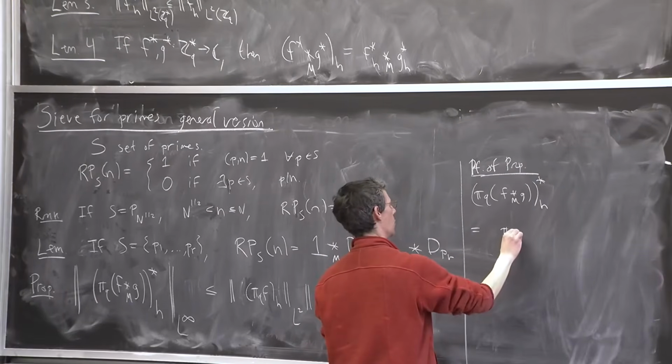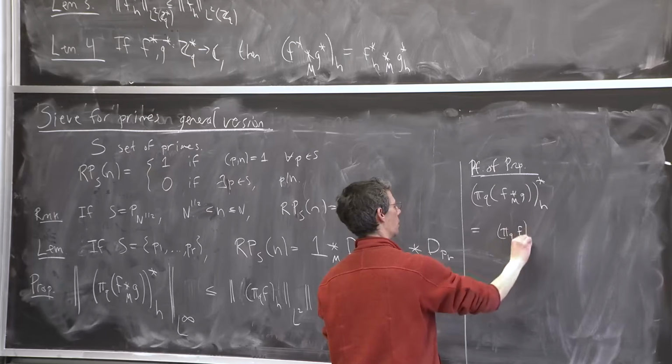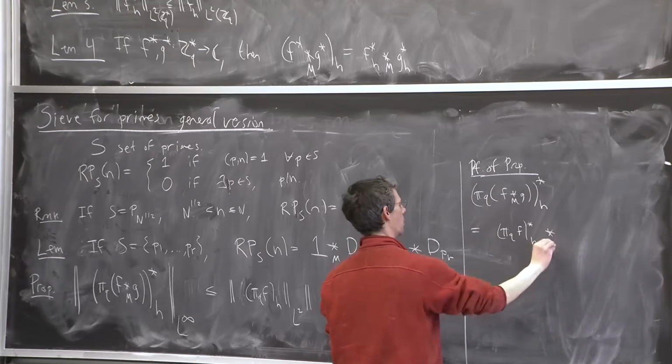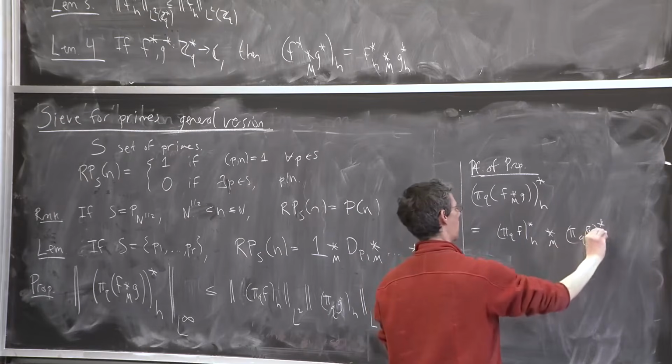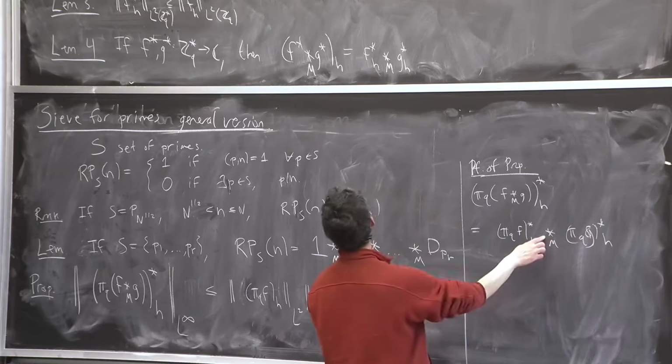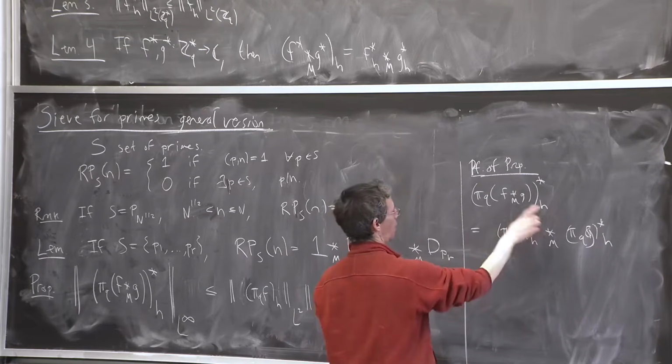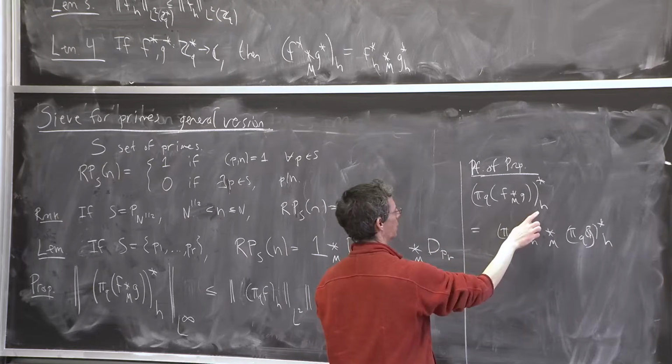This is the projection of f star high convolved with the projection of g star high. So that's lemma 4, high parts, and that's, no, sorry.